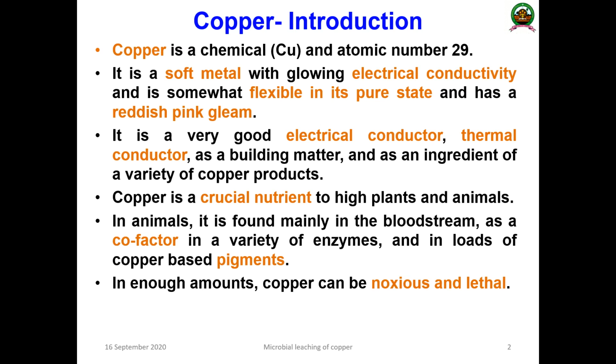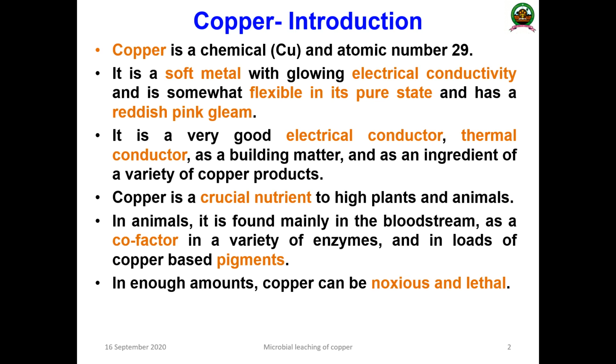We already see that ornaments or utensils made of copper have a reddish pink gleam, and that is an important speciality of copper. Copper is a good electrical conductor, and a thermal conductor, conducting heat, and it is used as a building material and as an ingredient of a variety of copper products.